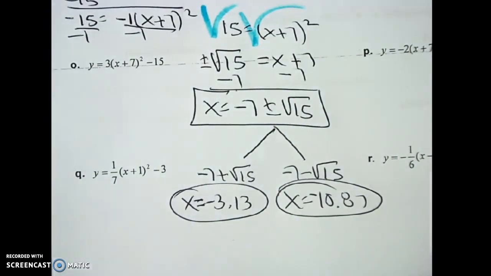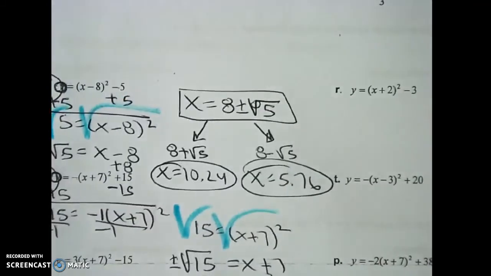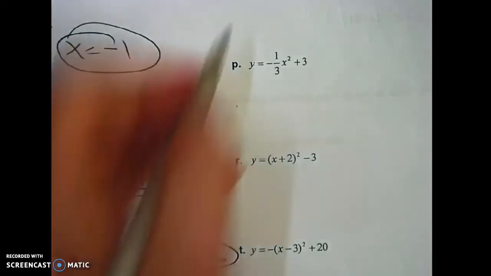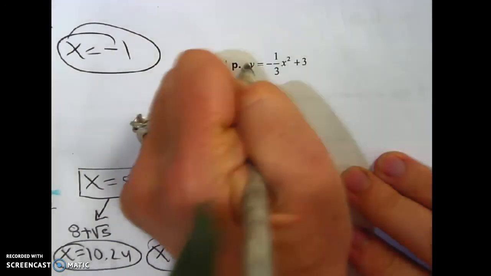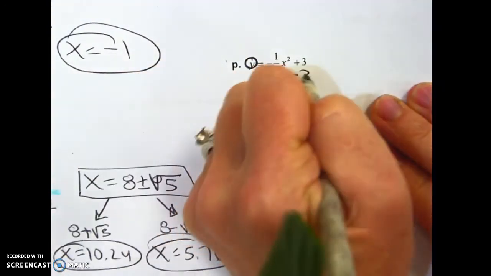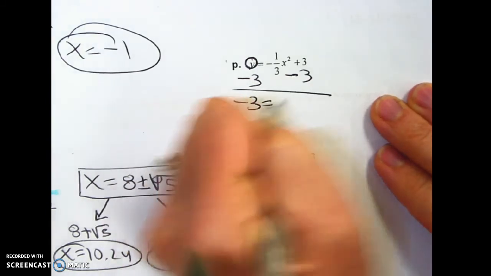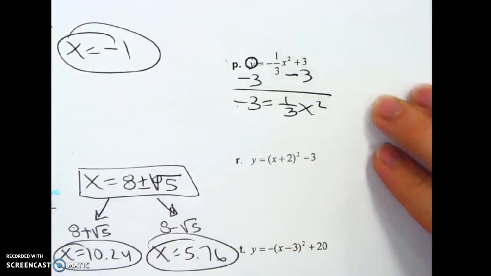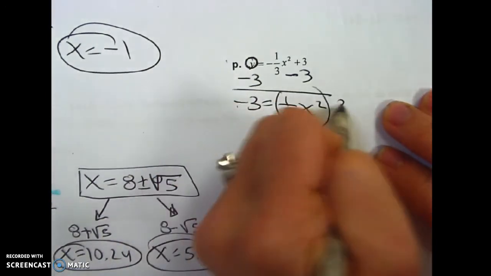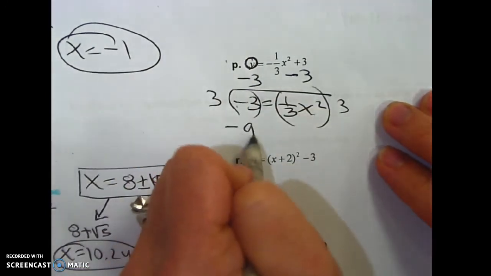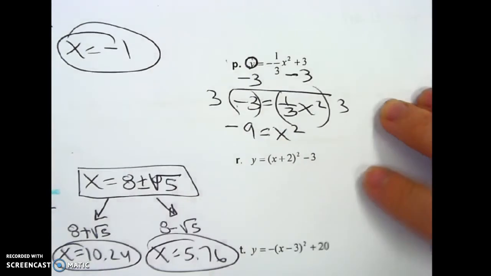Okay, let's do one more. We'll come up here and do letter P. Okay, set the y equal to 0. Subtract 3, subtract 3. 0 minus 3 is negative 3. Anytime you want to get rid of a fraction, multiply by the number on the bottom. Negative 9 equals x squared.